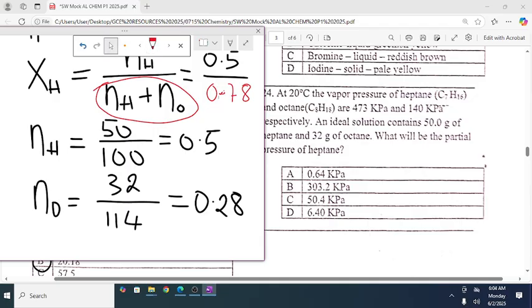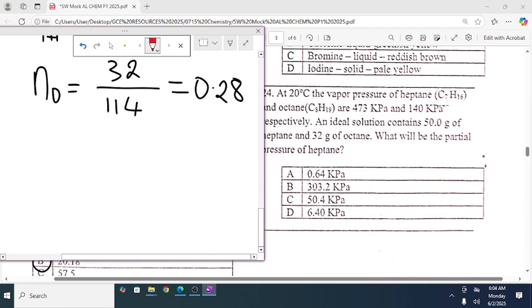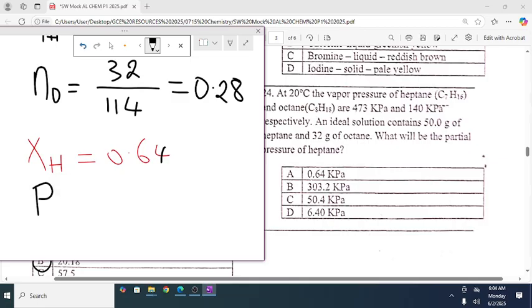So my mole fraction of heptane is equal to 0.64. Now the vapor pressure of pure heptane was given to us as 473 kilopascals.